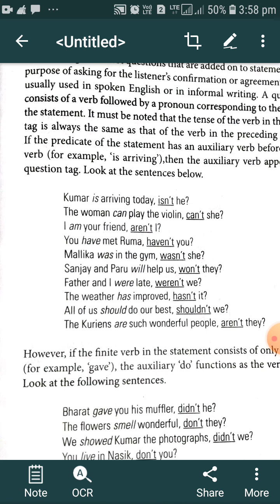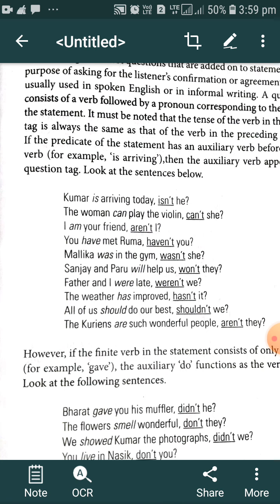Then we have the example, I am your friend. Here I is the subject and am is the main verb.